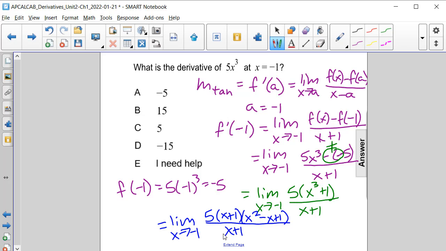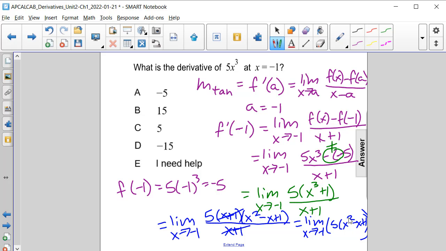Well, notice the factors x plus 1 cancel each other out. So we are left with the limit as x approaches -1 of 5 times x squared minus x plus 1. And now we can use -1 and directly substitute it in there.